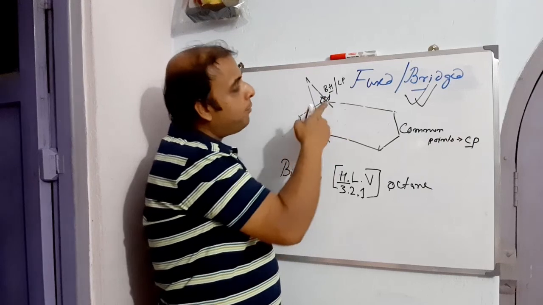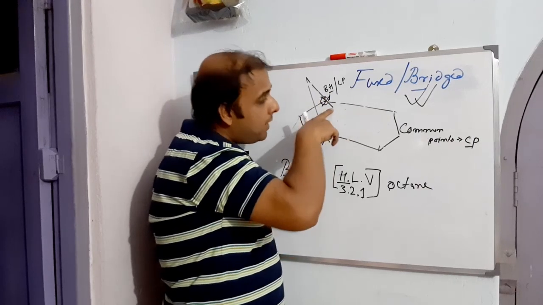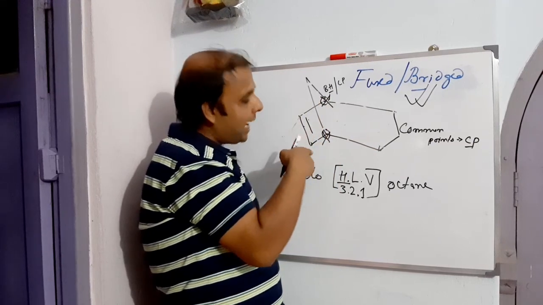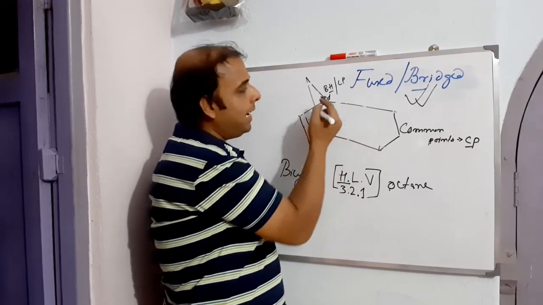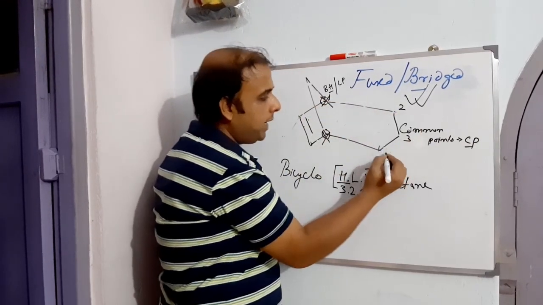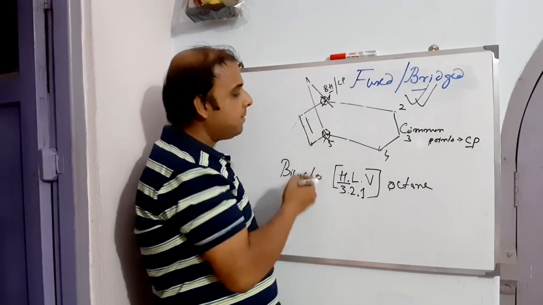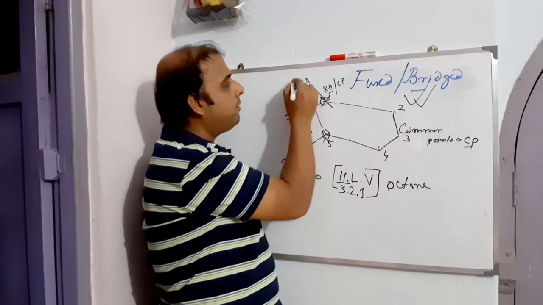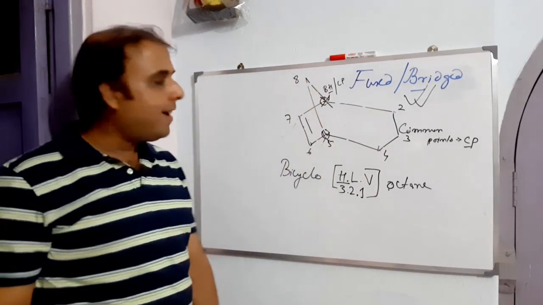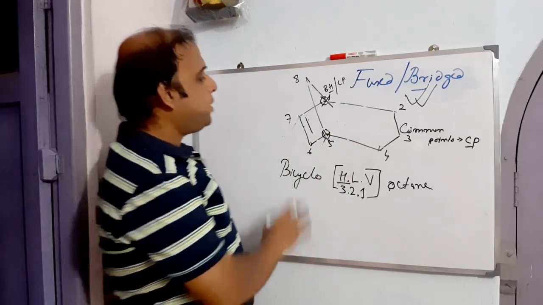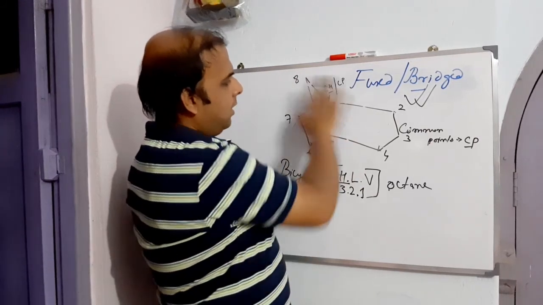And from which direction should it go? It should cover the longest chain. That means we should not go that way, rather we should follow this way. Like 1, 2, 3, 4, then 5, the other bridgehead, then 6, 7, and finally 8. This is the feature which is present in this particular structure.